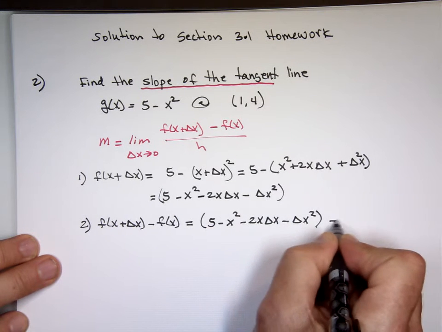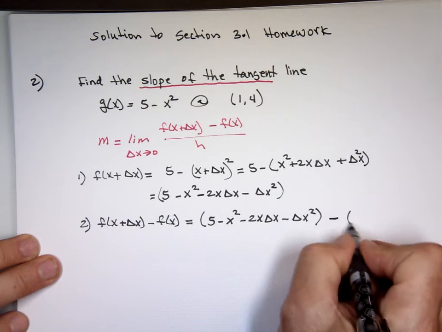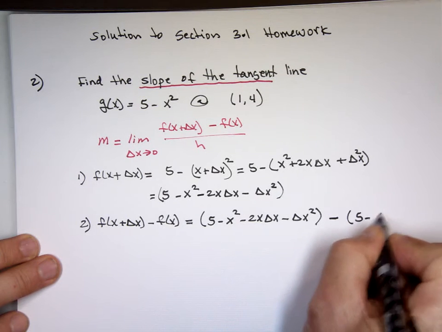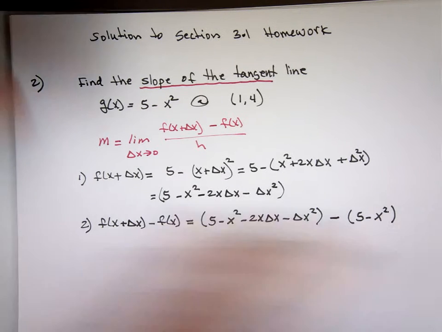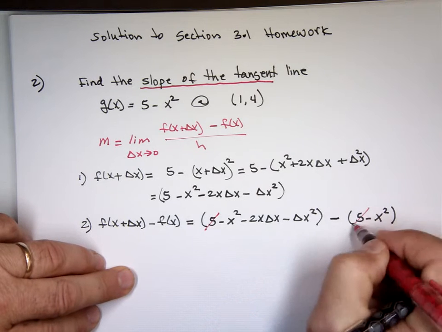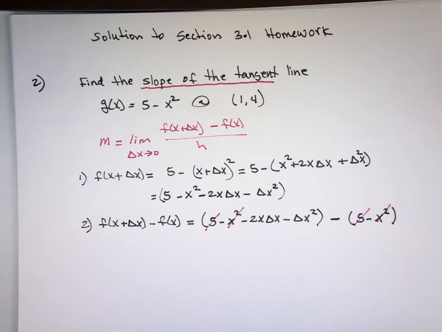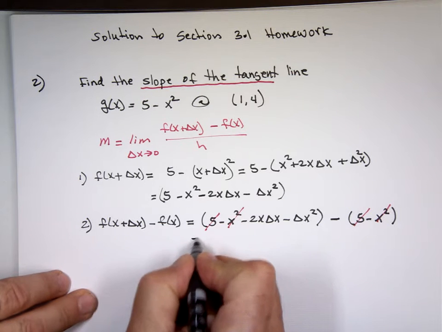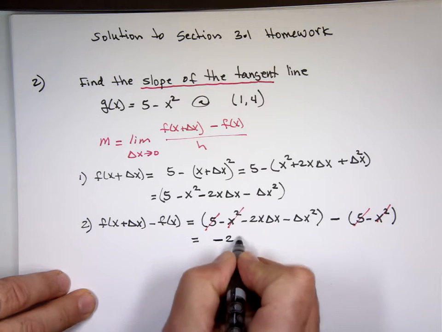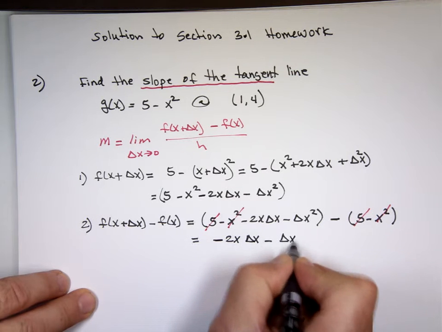Subtract from it f of x, which is what? 5 minus x squared. And again, the 5 will cancel the 5, and x squared will cancel x squared. You're subtracting the same thing. The result is negative 2x delta x minus delta x squared.